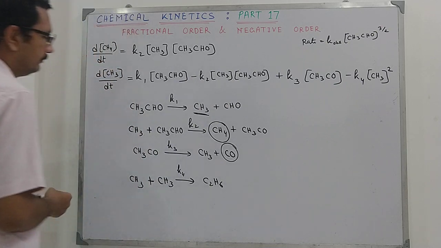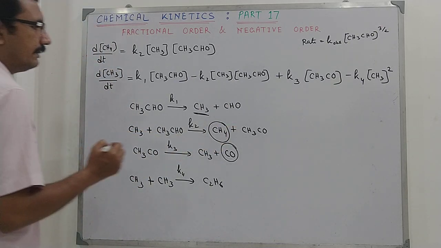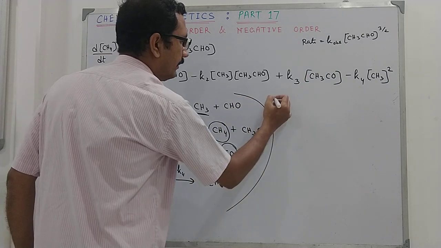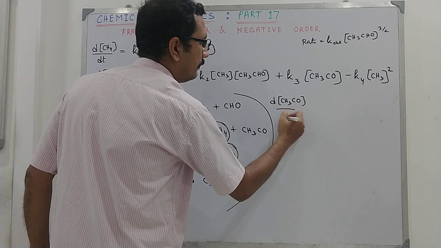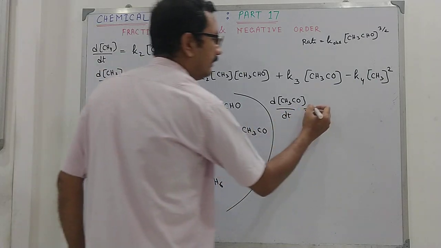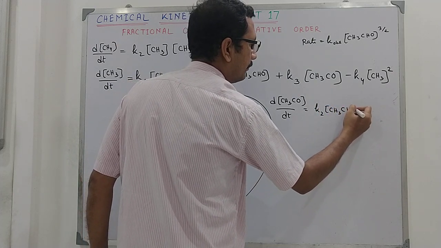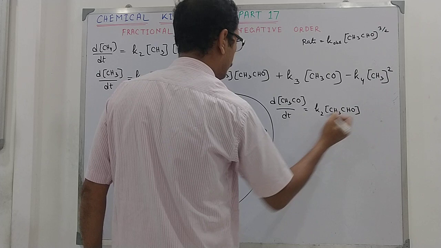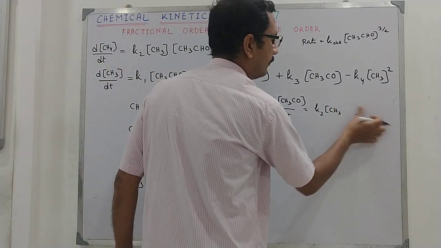Now another intermediate we have, that is d[CH3CO]/dt. It is generated in this reaction, so it will be K2 into CH3 into CH3CHO.